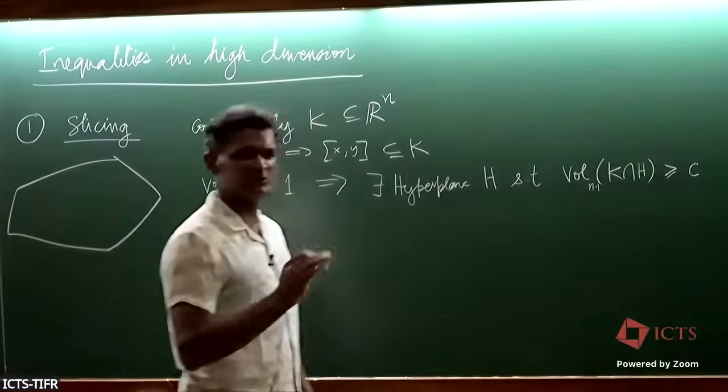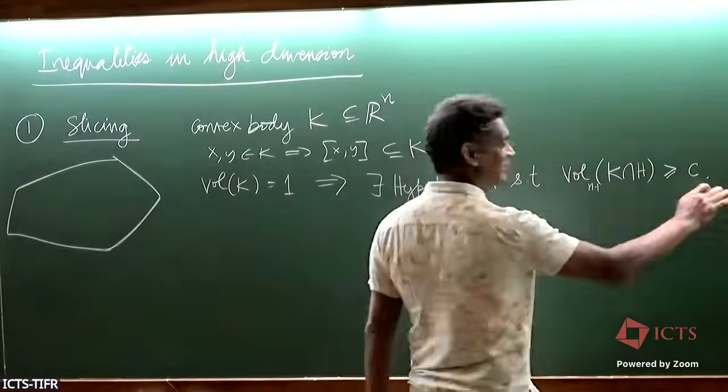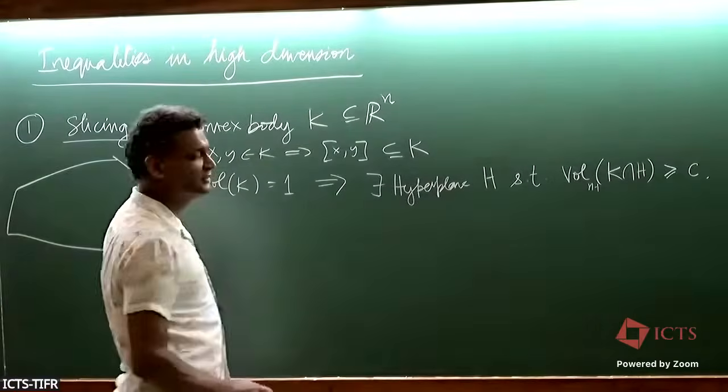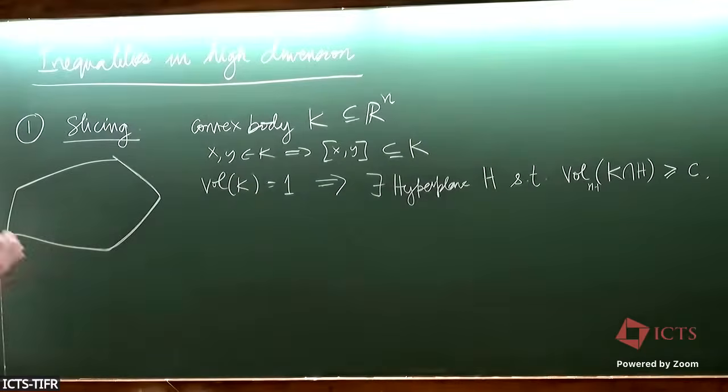Small c's, big C's will all be universal constants. So this is the first one. This is an inequality under this condition, for every convex body, in any dimension.